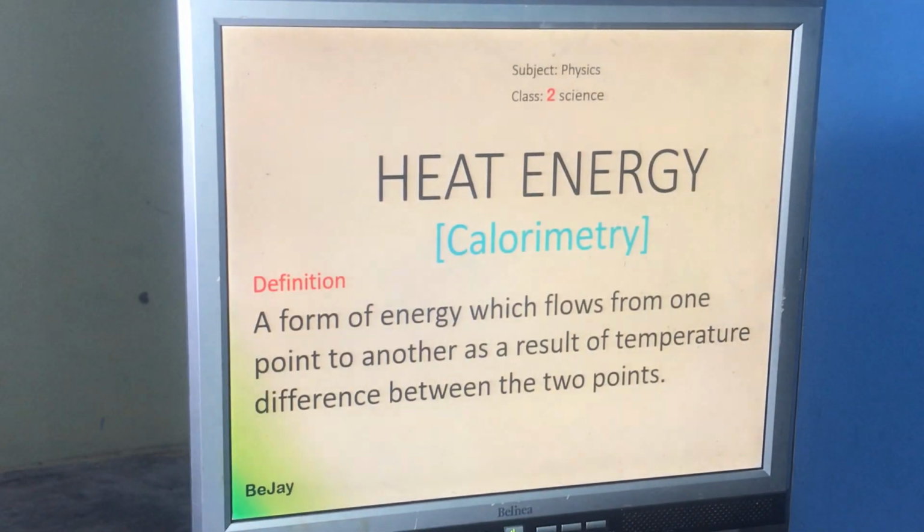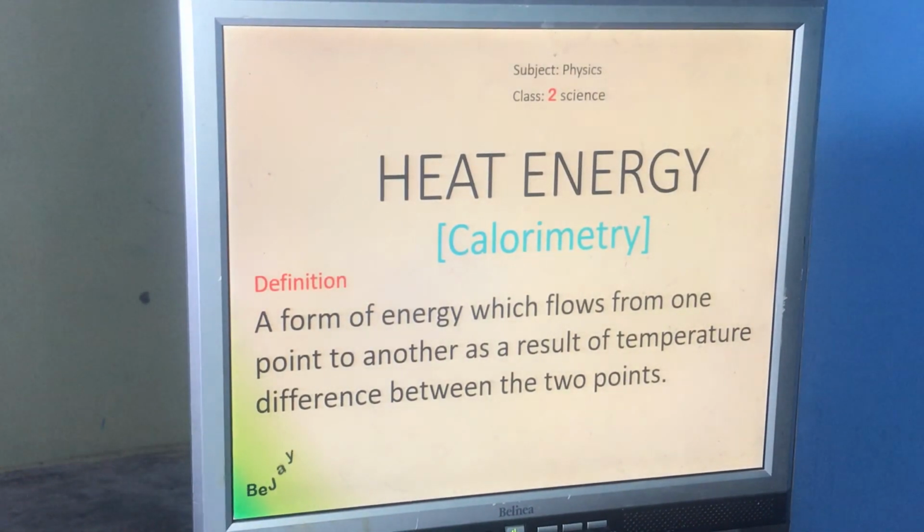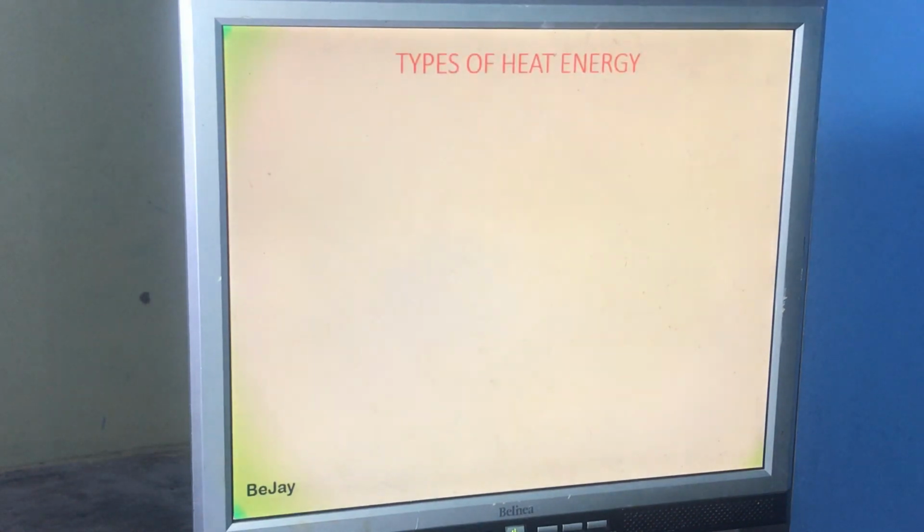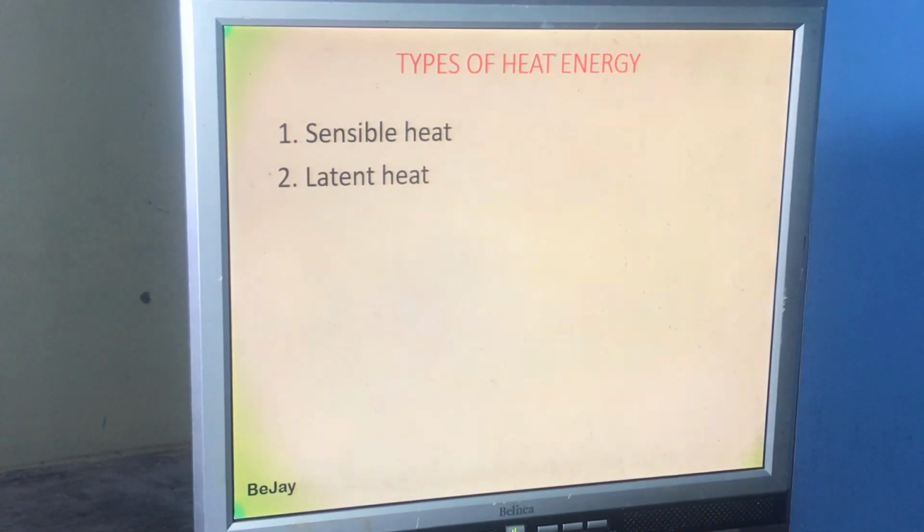So we have two types of heat energy. One, sensible heat, and two, latent heat. The word sensible here, if you haven't met it before, you may be wondering why sensible. The word sensible here does not mean that the heat has sense or is intelligent and is able to do things.